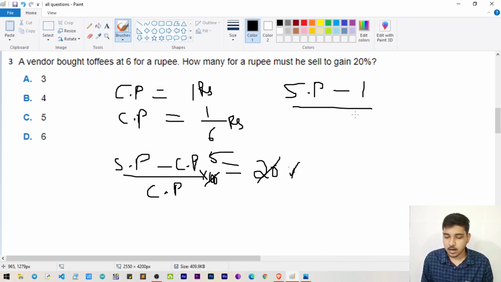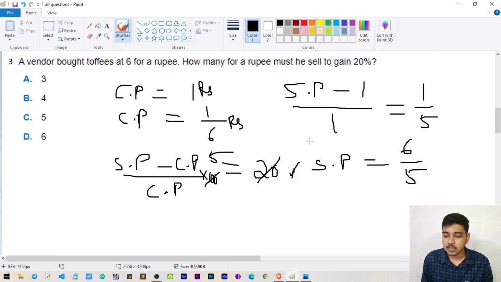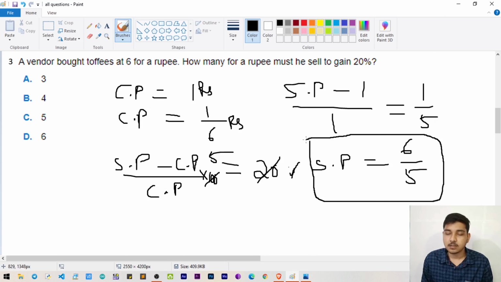CP is 1, and we'll get 1 by 5 here, and SP is 6 by 5. So this is the selling price for 6 toffees.